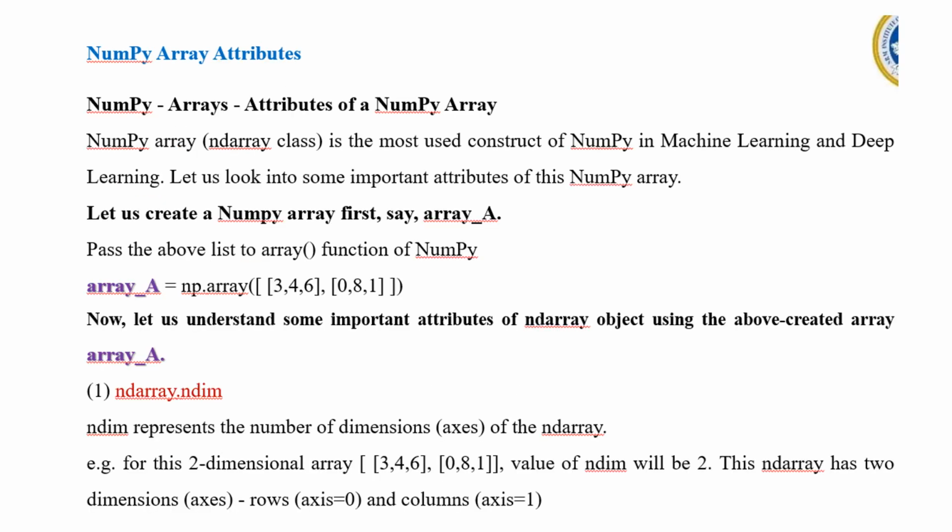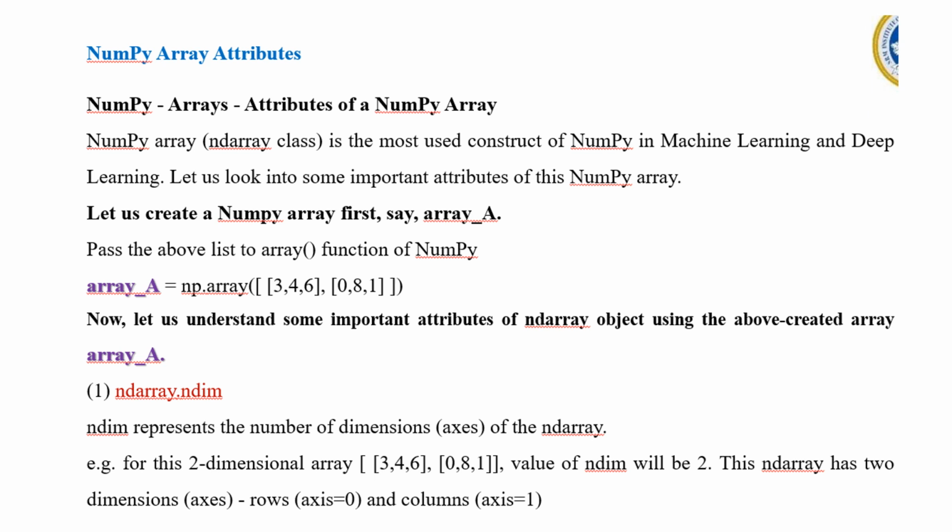Now the attributes of a NumPy array. The first is ndim, which represents the number of dimensions of the ndarray. For example, for a two dimensional array, the value of ndim will be 2, as it has two dimensions, row and column.